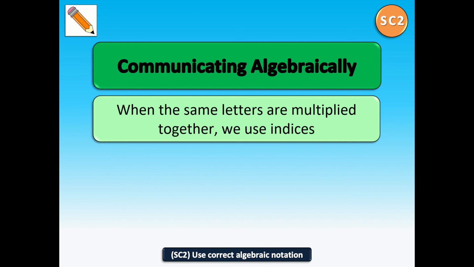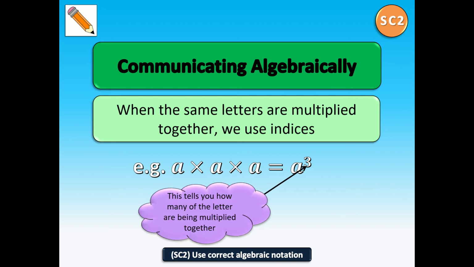When the same letters are multiplied together, we use indices. So a times a times a becomes a cubed, or a to the power of 3. This tells you how many of the letter are being multiplied together.